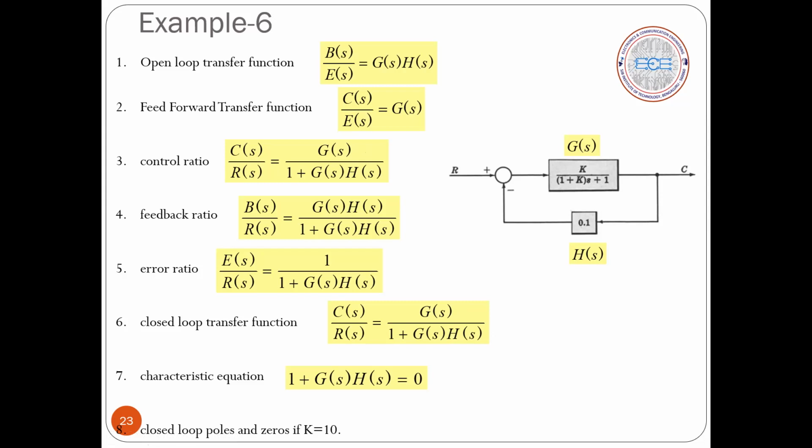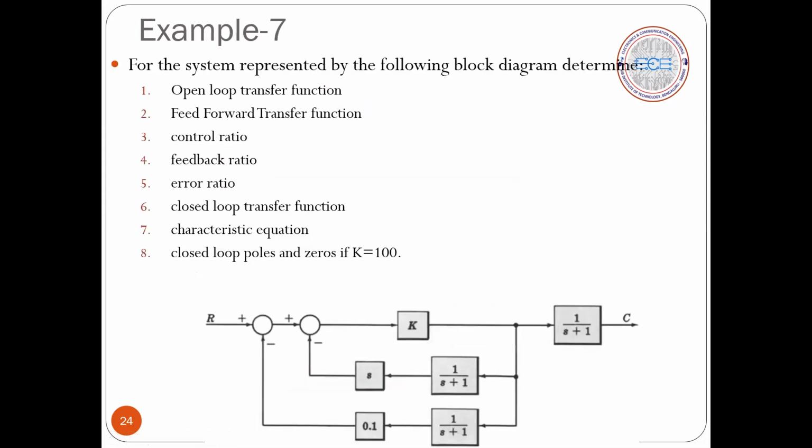You have to substitute the K value 10, that's what is given here. Then the denominator will give you the poles, and the numerator will give you the zeros. Very simple, you can do it, I feel.